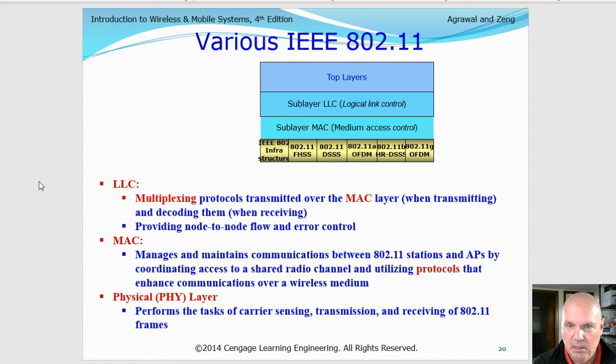Let's see. I think this is just talking about some of the definitions of the different layers that we talked about in the OSI stack. Most of these actually use the same MAC layer and the same MAC formatted packet. They differ in the physical layer, the actual frequencies that are used, and how some use orthogonal frequency division multiplexing, others use spread spectrum techniques.